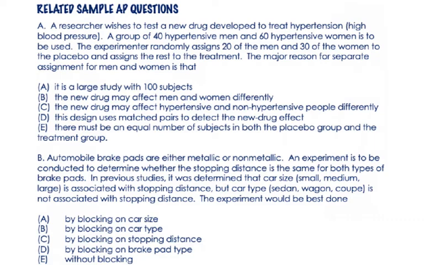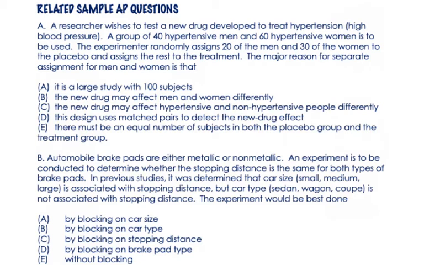The major reason for separate assignment for men and women is that A, it is a large study with 100 subjects. B, the new drug may affect men and women differently. C, the new drug may affect hypertensive and non-hypertensive people differently. D, this design uses matched pairs to detect the new drug effect. E, there must be an equal number of subjects in both the placebo group and the treatment group.